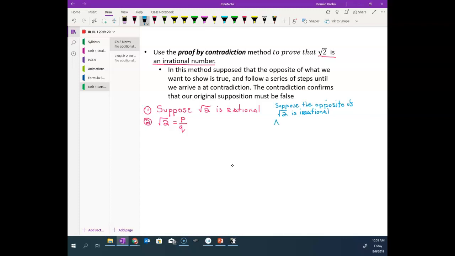A rational number can be written as the ratio of 2 relatively prime integers.